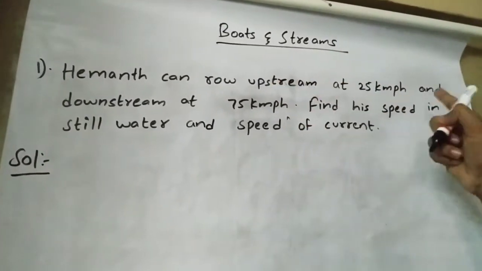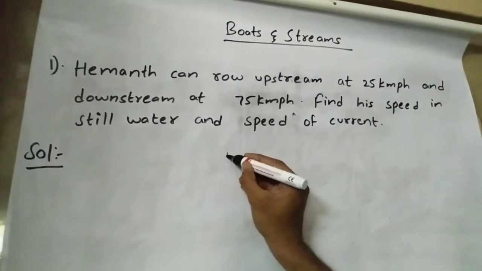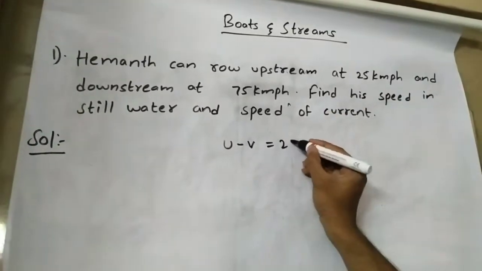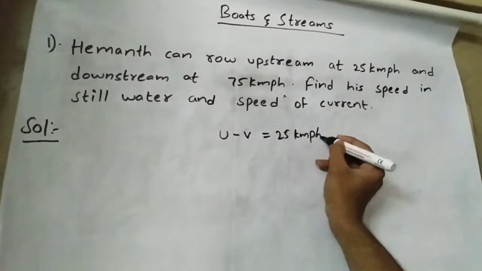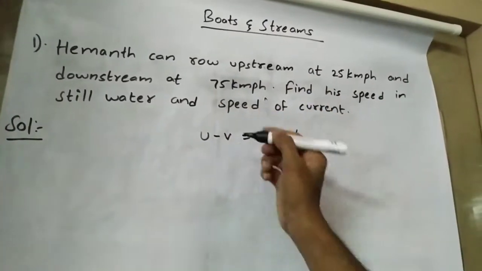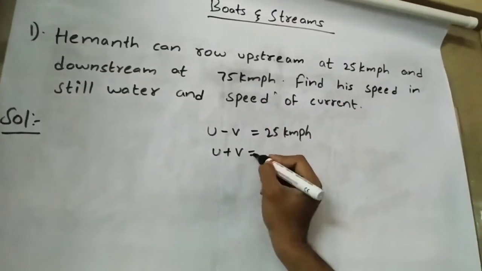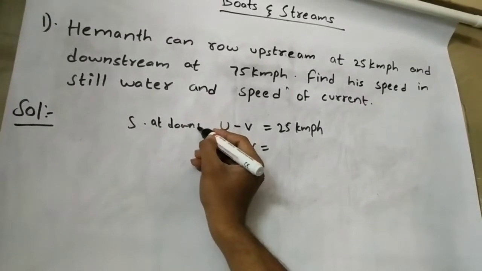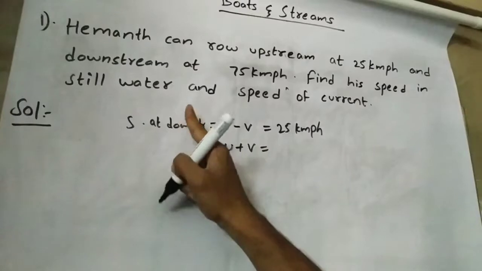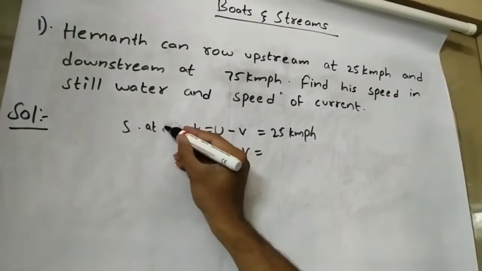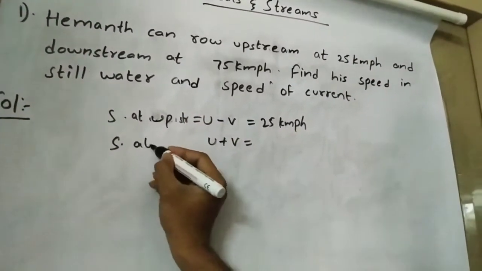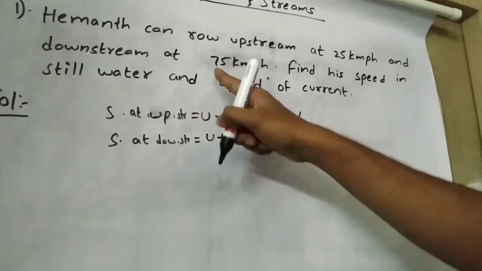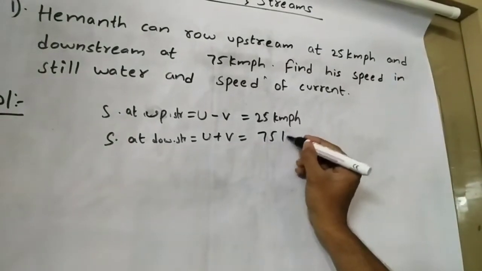They have given upstream at 25 km per hour. So we know the formula: U minus V is equal to 25 kmph. And downstream at 75 km per hour: U plus V is equal to the speed at downstream, that is 75 kmph.